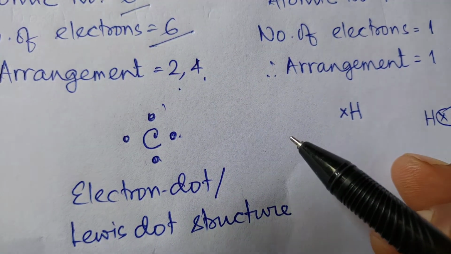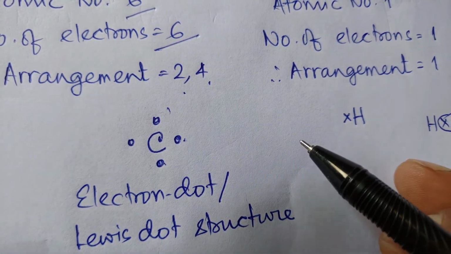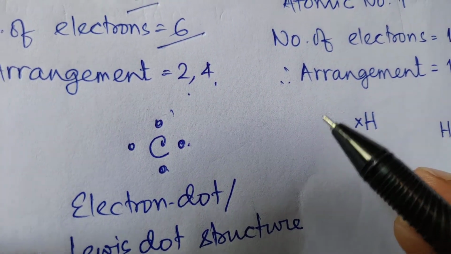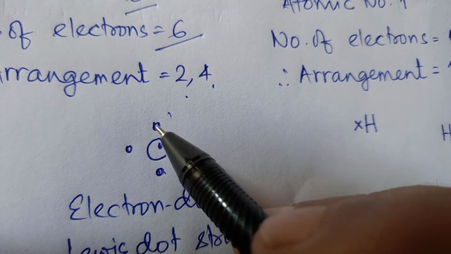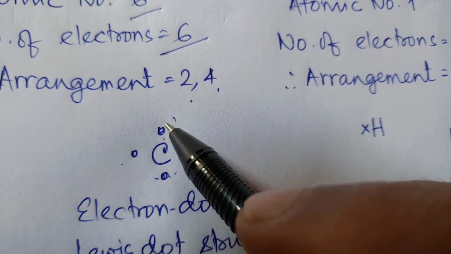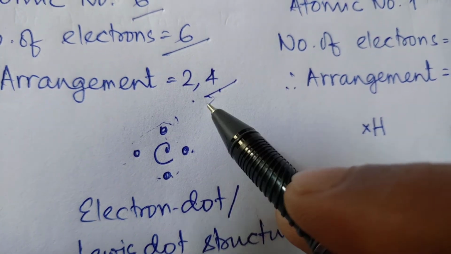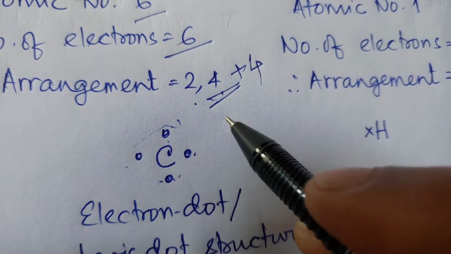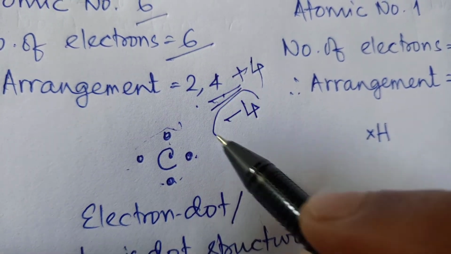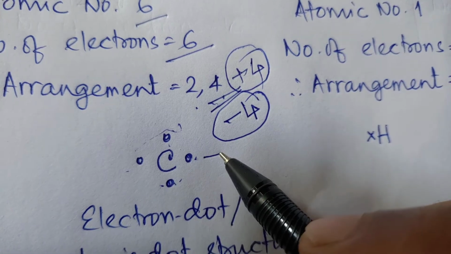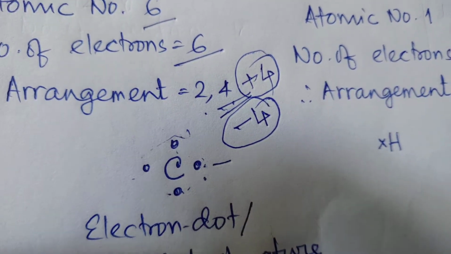This structure is known as the electron dot or Lewis dot structure of atoms. These 4 electrons are arranged in this way. Now in this case, it can neither release 4 nor accept 4. We are in hesitation. For that, it will share its electrons with other elements.